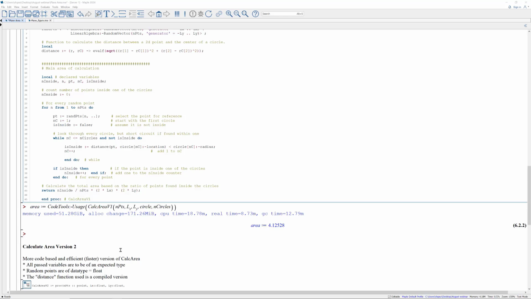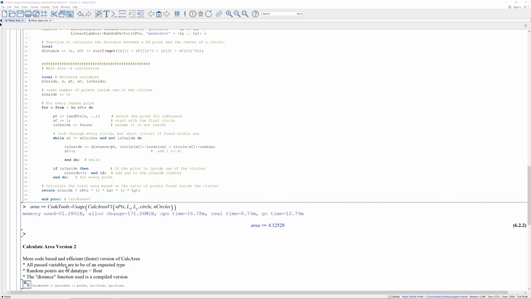In the second version of his code, he makes these changes. First, the distance function that he uses to determine if a point is in a circle or not is compiled, so he speeds that up.